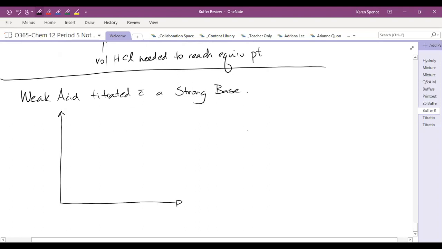And before we do that, I'm just going to draw for a comparison sort of thing. This is going to be a strong acid, strong base titration.